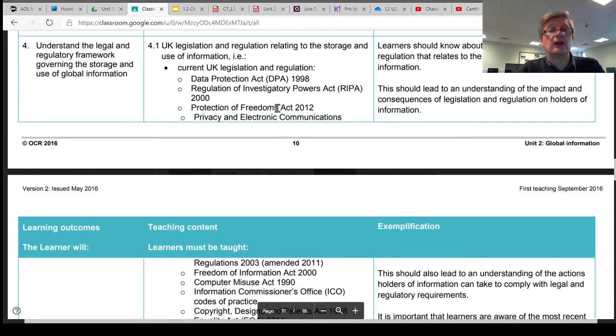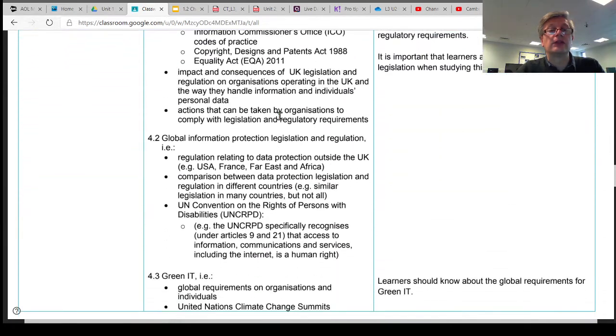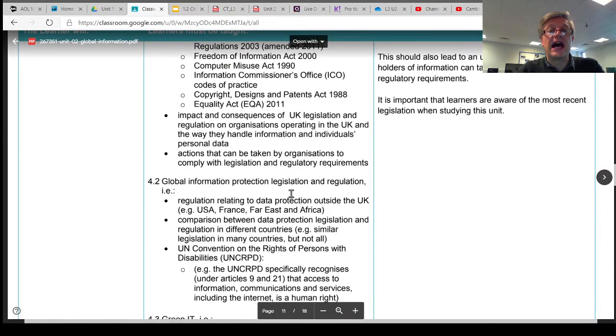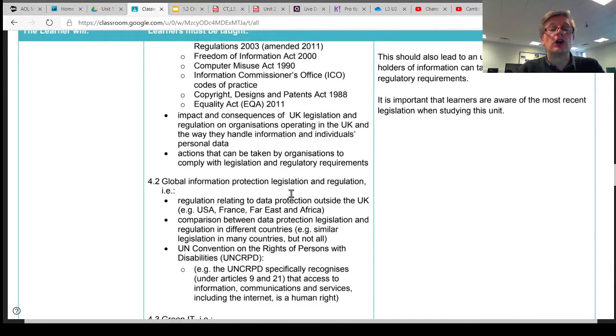So not only do we need to know what these laws are, we also need to understand what the impact this legislation has and what the consequences are for UK organisations if they breach these standards. If there is a problem, if the law is broken, if the regulations aren't followed, what does that mean for them?